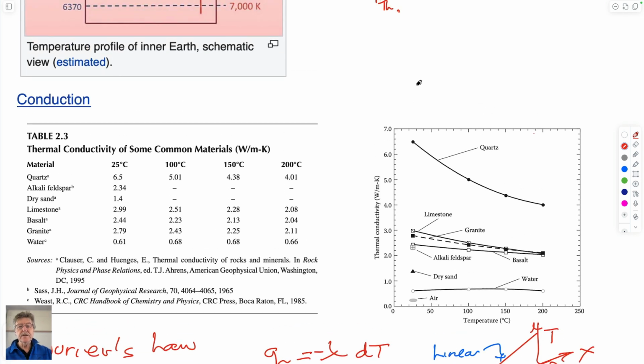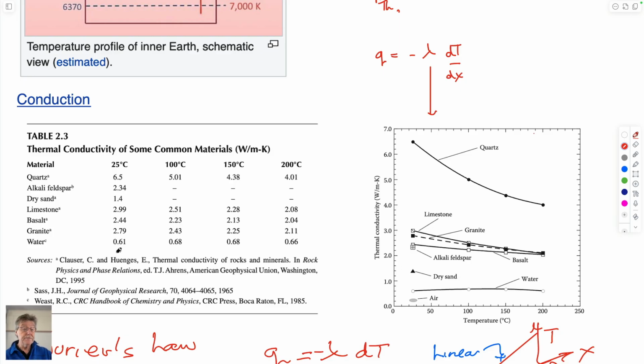So if we're talking about Fourier's law, that heat transport per meter squared per unit area is equal to thermal conductivity and the temperature gradient. Typical values of thermal conductivity are given in these two figures. I guess this comes from Glassey's book.